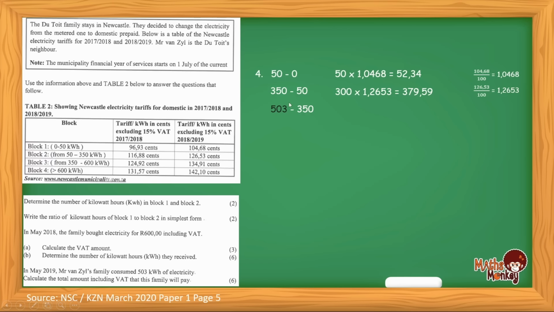I only used the difference between the 503, which is what I had, and the 350, which I already paid in the block before that. So the last step will always be your question minus the previous step's maximum.